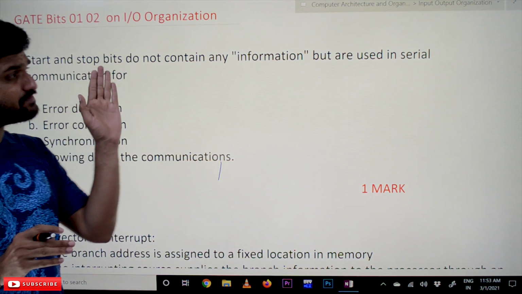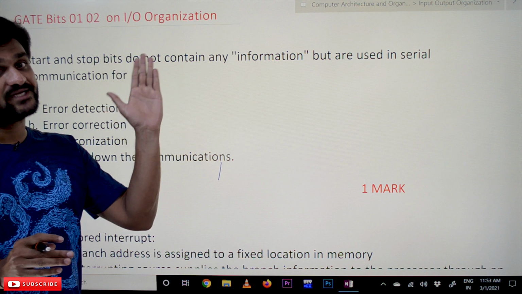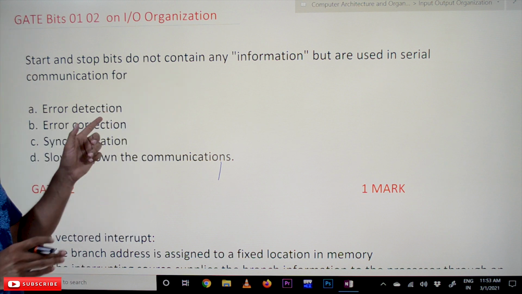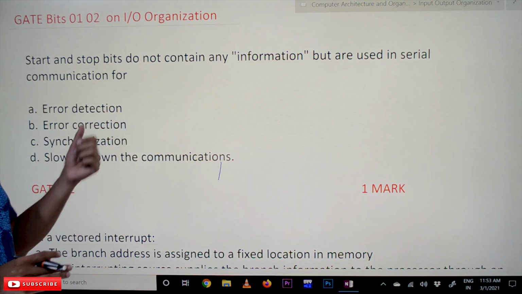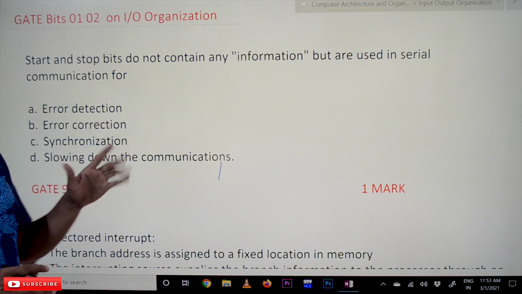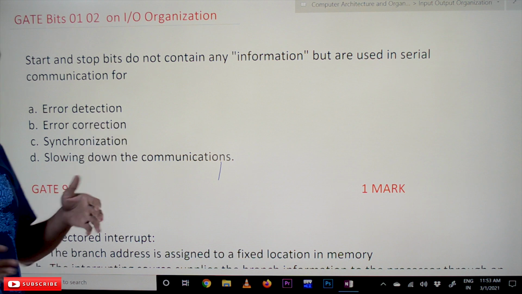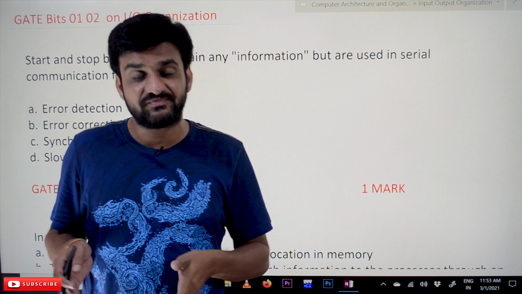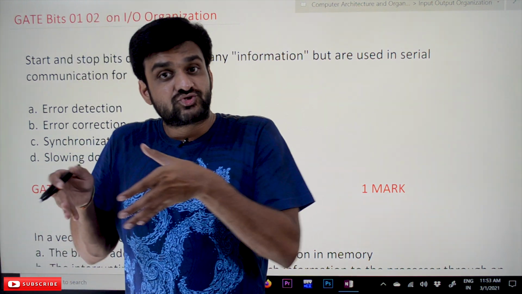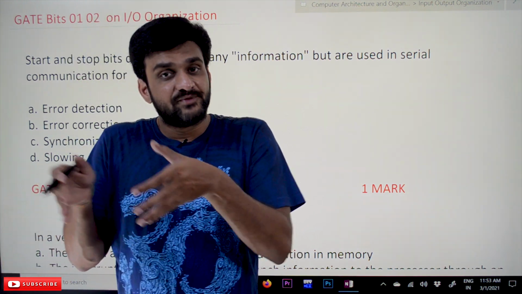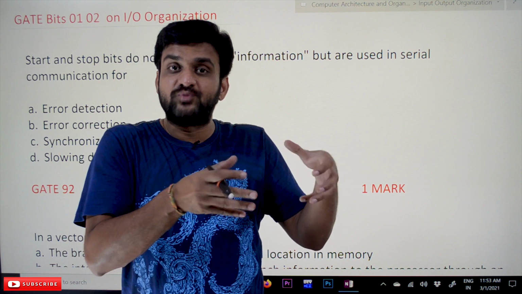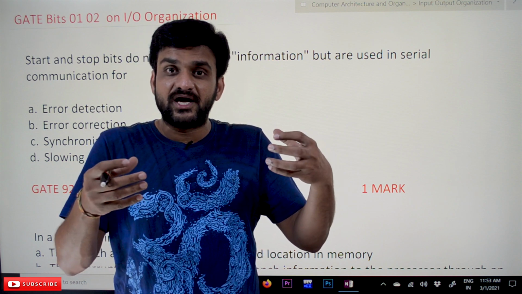So what is the purpose of adding those start and stop bits? Is it for error detection? No, it is not for error detection. Is it for error correction? No, it is for synchronization. In order to maintain the synchronization between the source input device and the computer, because both are different devices.